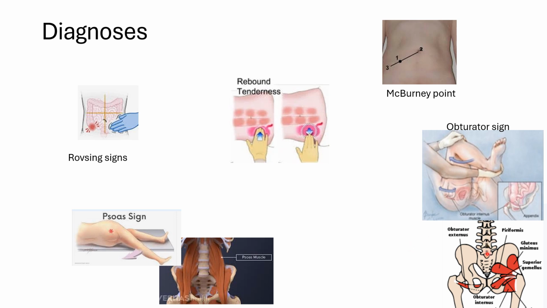Another exam that we can do in a patient to figure out if the patient has appendicitis or not is the obturator sign. In the obturator sign, we tell the patient to lie down on their back. Then we flex the right knee and bend it, and while we are bending the right knee, we stand on the right side of the patient.